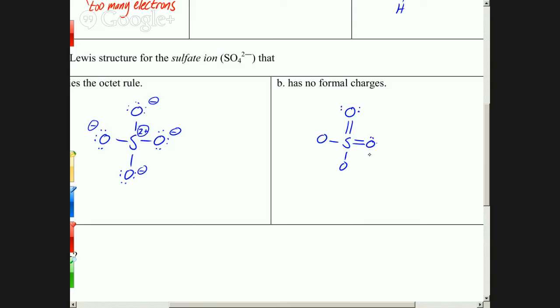And that means we need fewer electrons on the double bonded ones, and more on these. And now if you go through and calculate the formal charges, only these two will carry formal charges. The others will all be neutral.